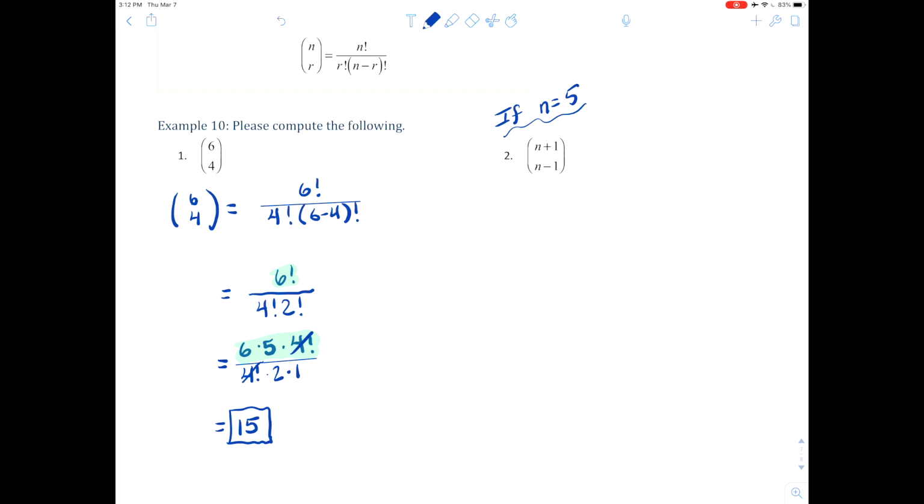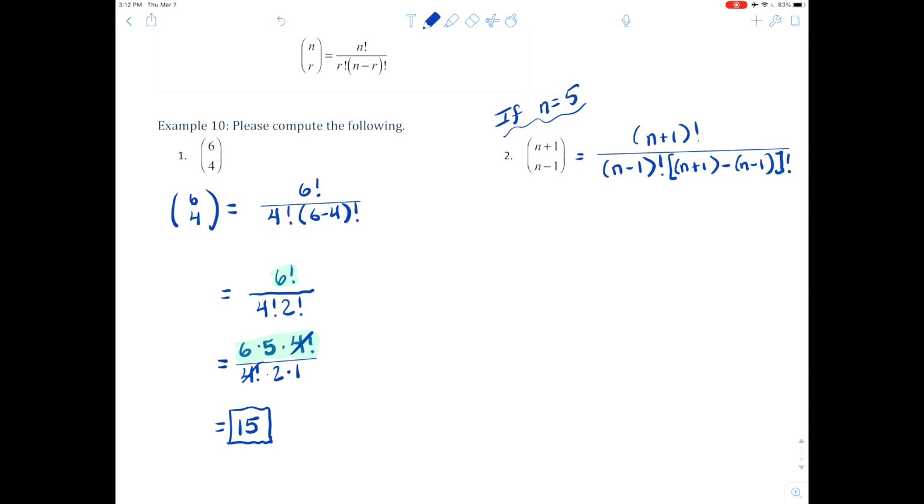It's going to look a little more complicated. We'll have n plus 1, that quantity factorial, over, now we're choosing n minus 1, so n minus 1 factorial, and then we've got to compute the difference between n and r, so we would have n plus 1 minus n minus 1, and that whole quantity would be in factorial.